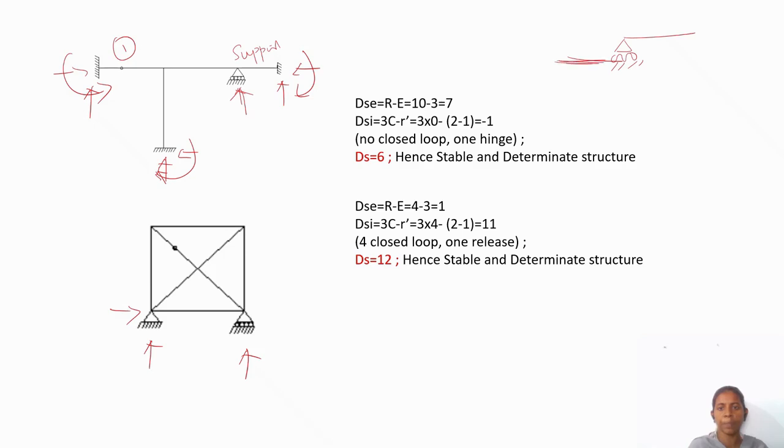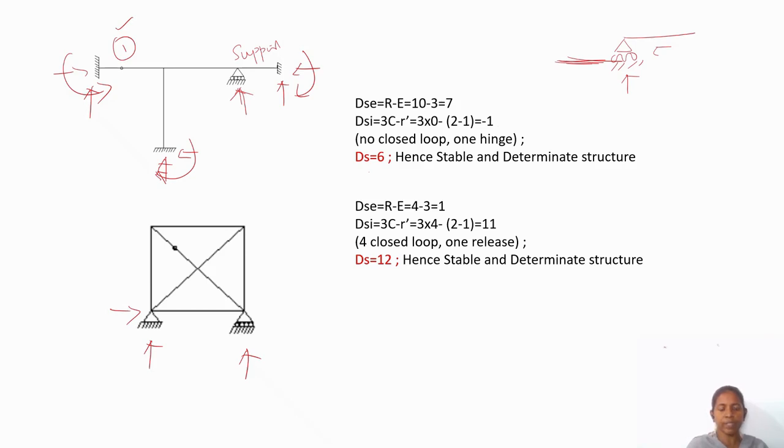Both the members are separated with the roller, then only we can count it as a release. Otherwise it is a support condition from this member to this member, so then only it is counted for reaction. So 3C minus R dash is the release, only one release is possible due to this hinge. So 7 minus 1 is 6, stable determinate structure.